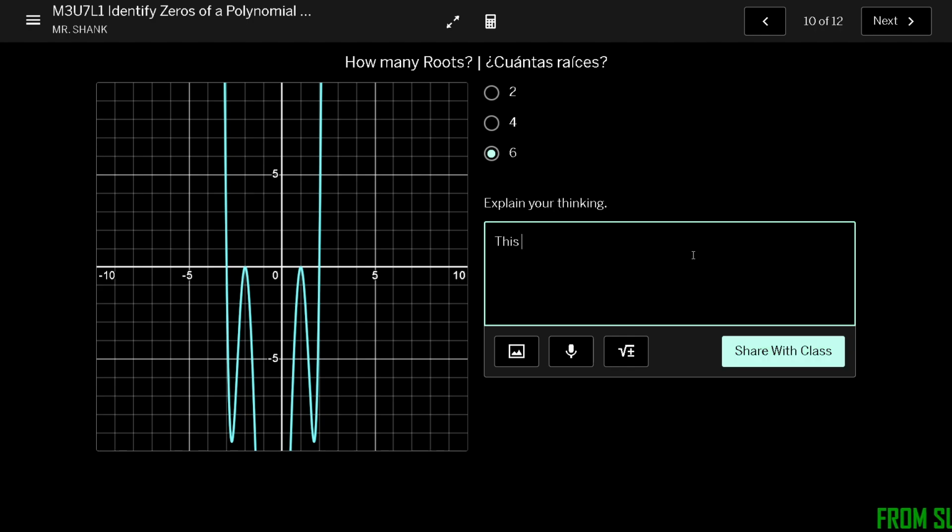So this curve has 2 single roots at x equals -3 and x equals +2.